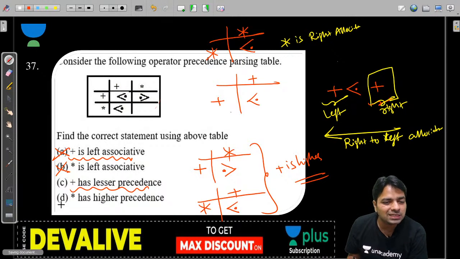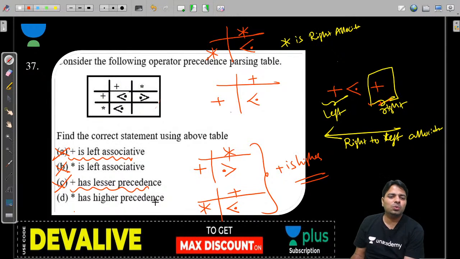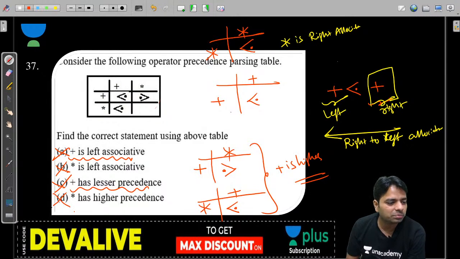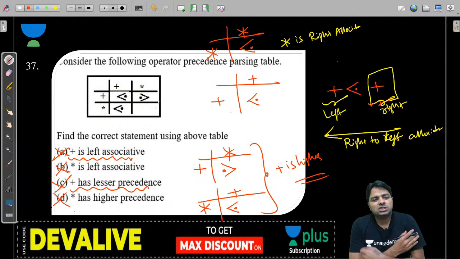So the option that plus is lesser is wrong. Plus is higher. Do you have an option that star has higher precedence, guys? Look at this one: plus star greater and star plus less than. No, no. Looks like no option is right. So now all the options are wrong, guys.